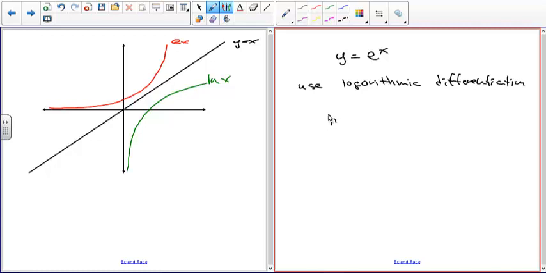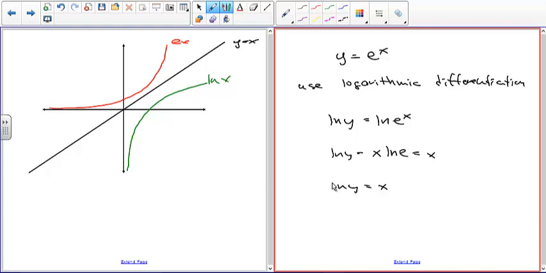What that means is I take the natural log of both sides. The properties of logarithms say that I can convert the right-hand side into x times the natural log of e. I could also have used the inverse properties of the natural log and e to the x, but either way works. The natural log of e is 1. So what I end up with is the natural log of y is equal to x. That's my simplification using the properties of logarithms.